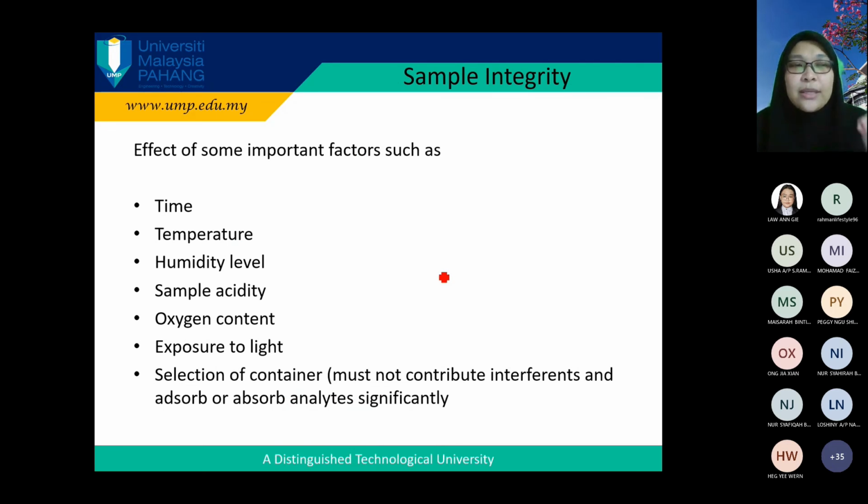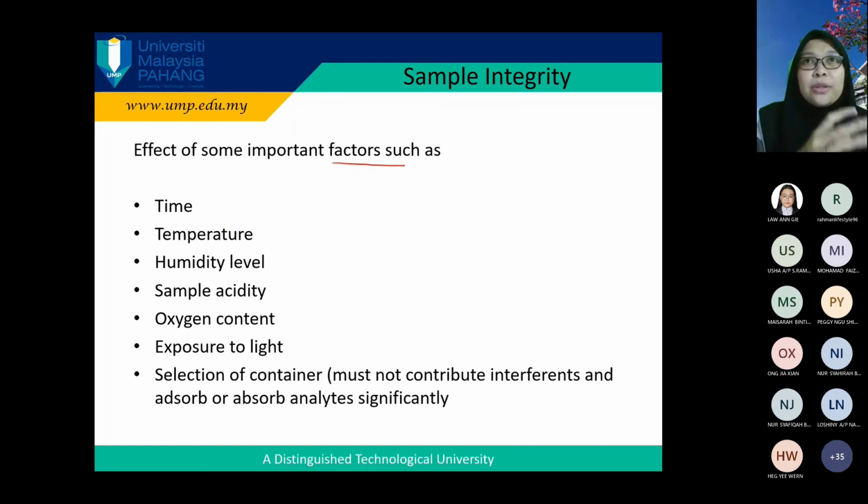Okay, and then sample integrity. So sample integrity, for example, just now, to make sure you have high content of your target analyte, you need to consider factors that affect the sample integrity. For example, time.